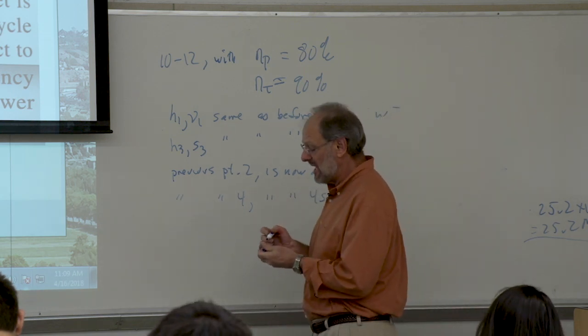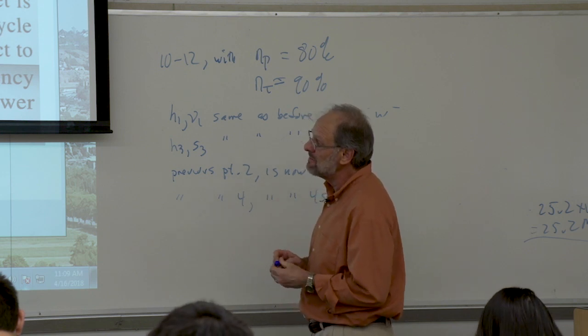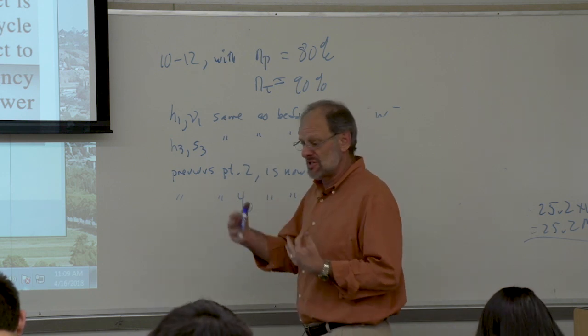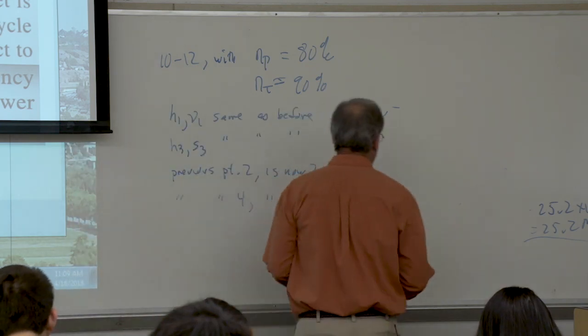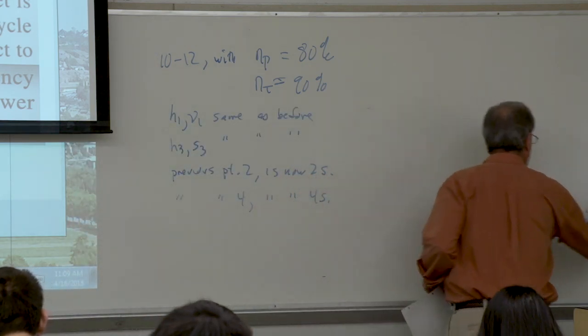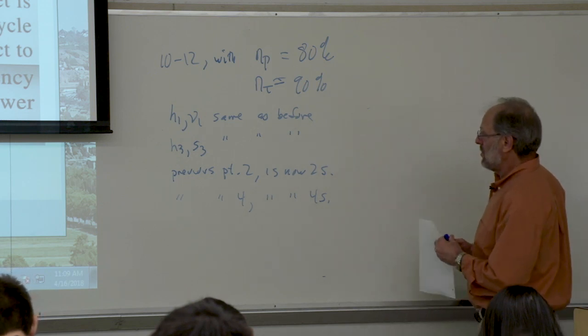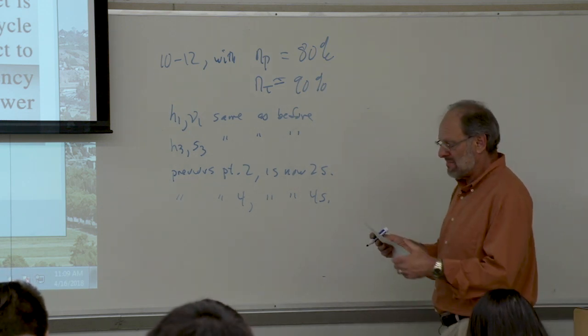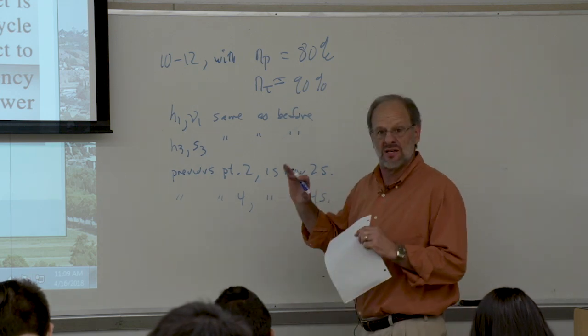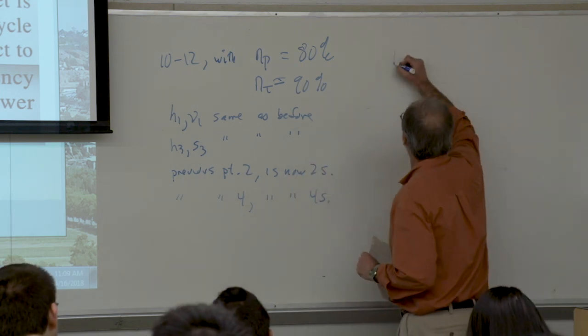So nothing really changes much in this particular problem. Again, the big change is just the way that we treat the pump and the turbine. Okay. So if what we previously called point 2 is now 2S, let's continue then and consider that pump.